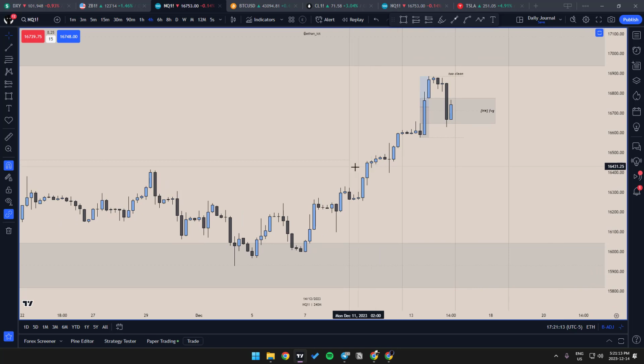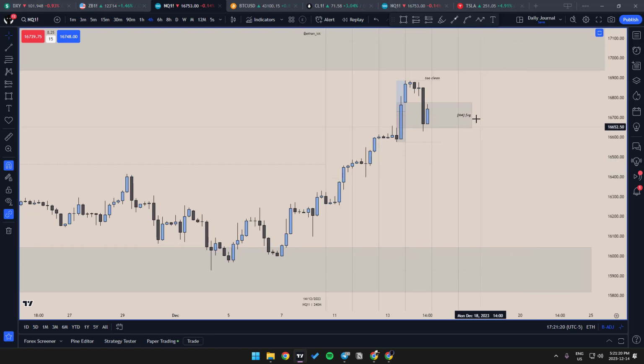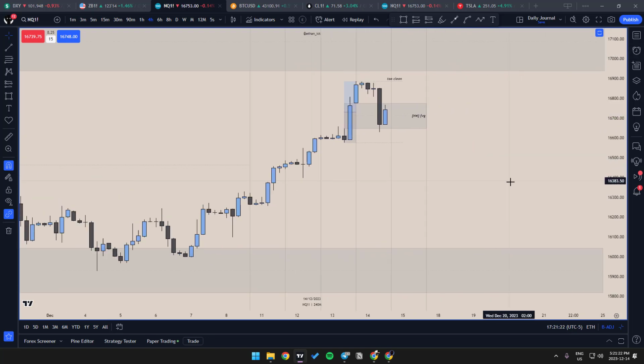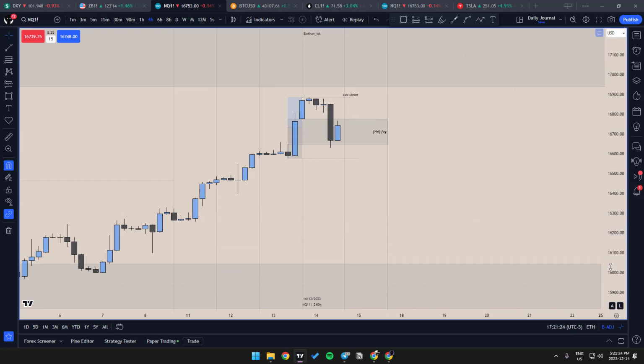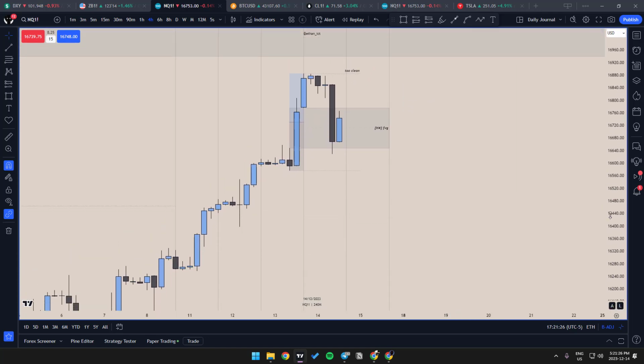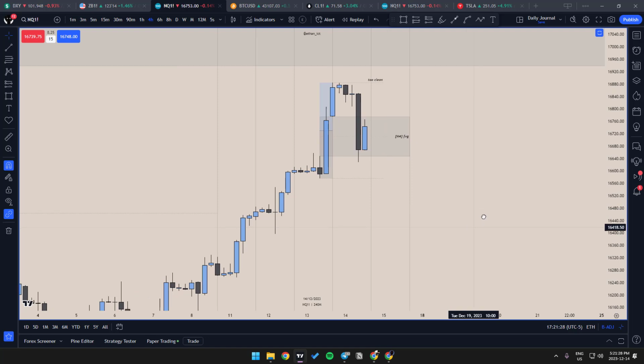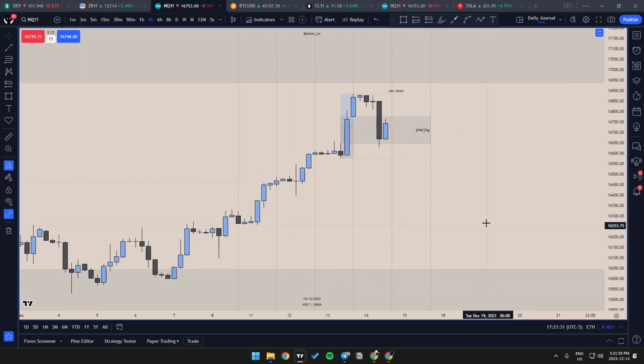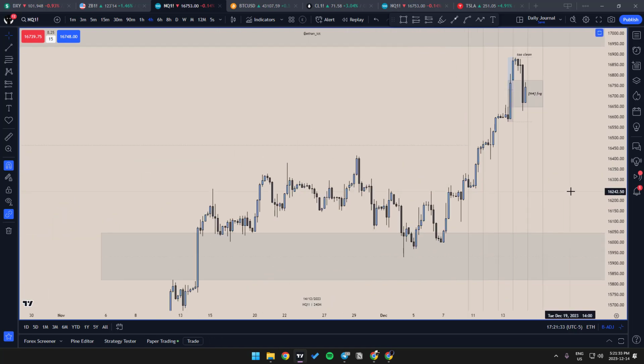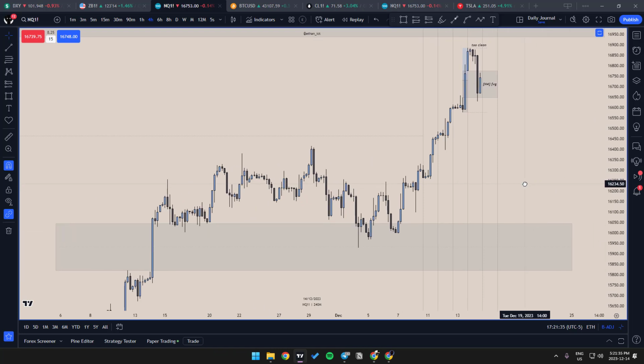Right, so in terms of quarterly theory, this week, I don't think it was that clean. So if I were to use quarterly theory, I would refer back to my monthly quarters.